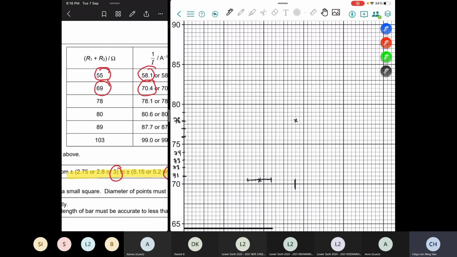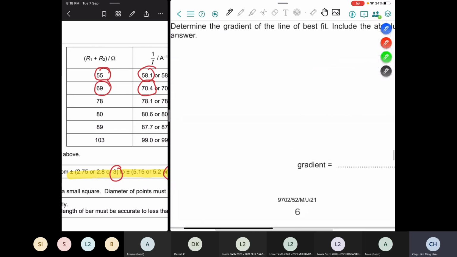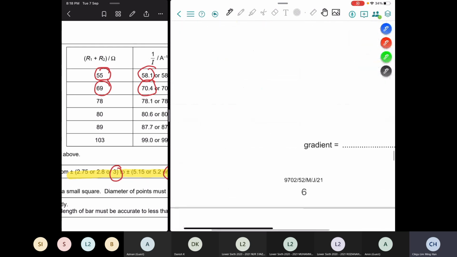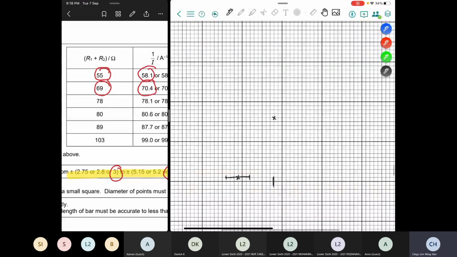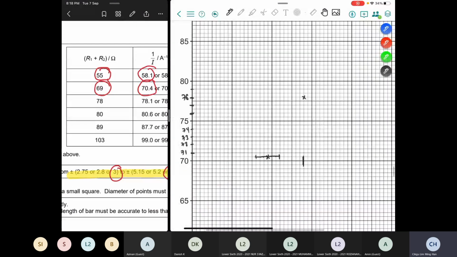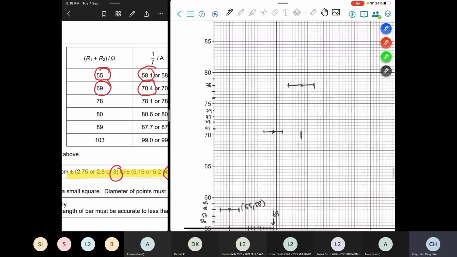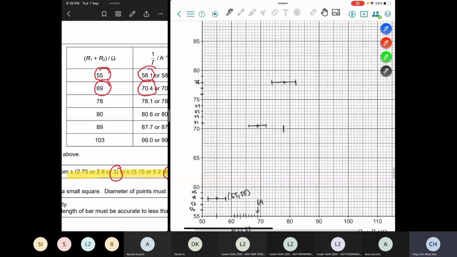If I'm not mistaken, just now the error bar for 78 is 4, so it'll be 1, 2, 3, 4, and the other side also 1, 2, 3, 4. So now we have the error bar becoming bigger and bigger lah. I think if you plot also, this should be doable.